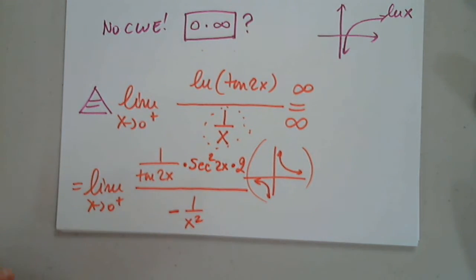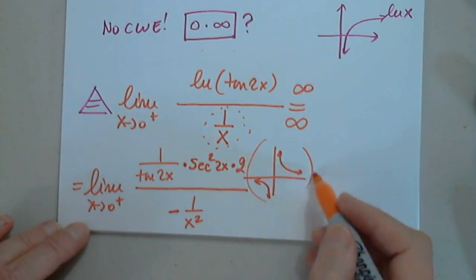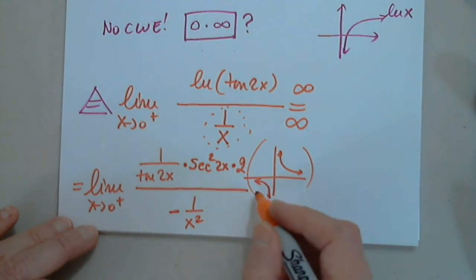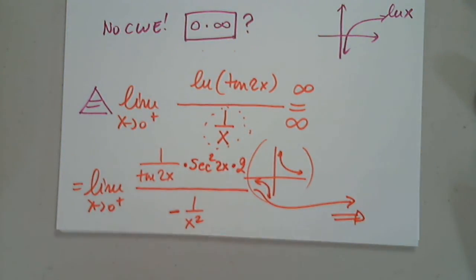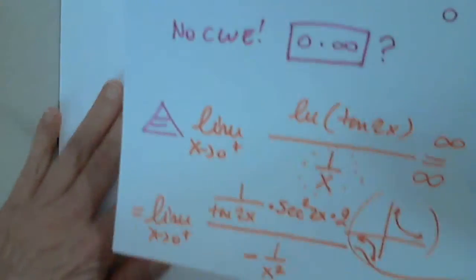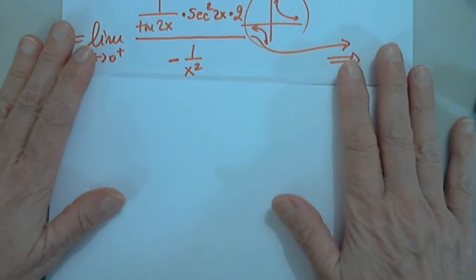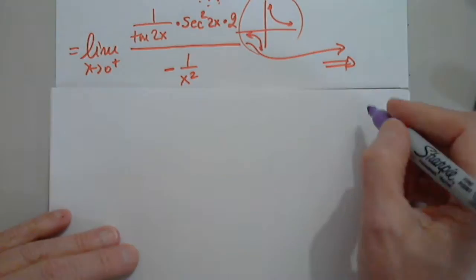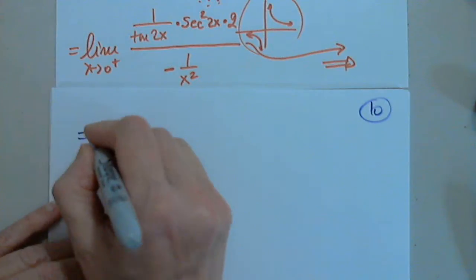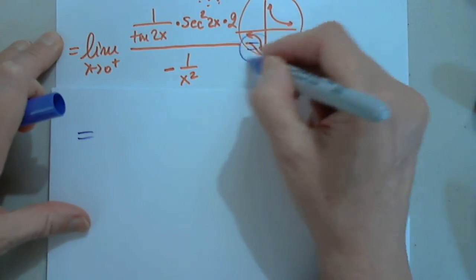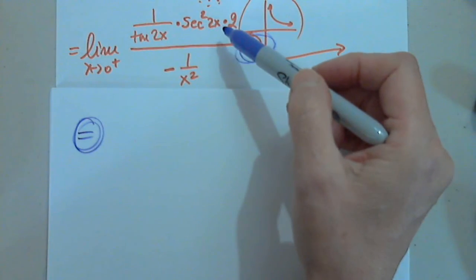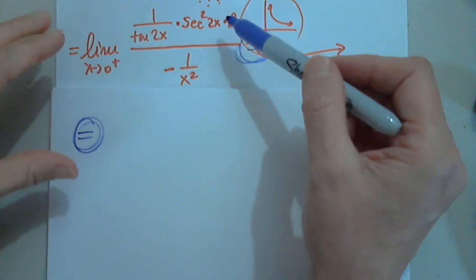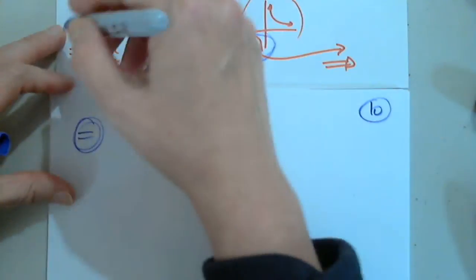Okay. So now, of course, I have this in the way. So I'm going to say next page. And that's 10. Okay. So I'm just going to put here a circle. Okay, so let's see what I have here. This can go in front.